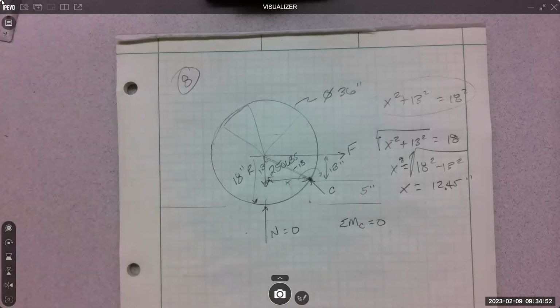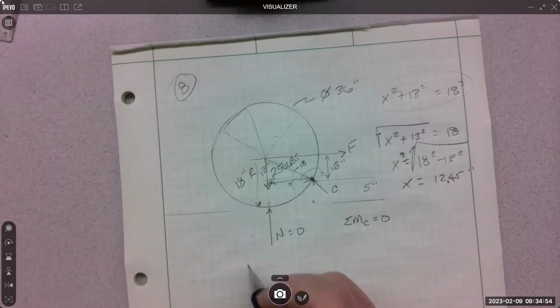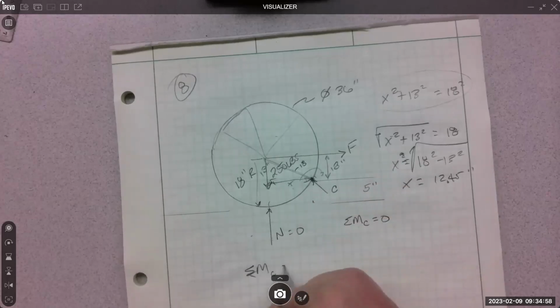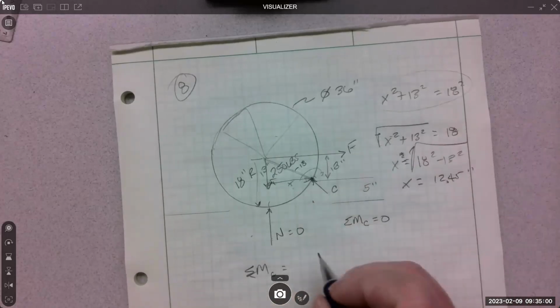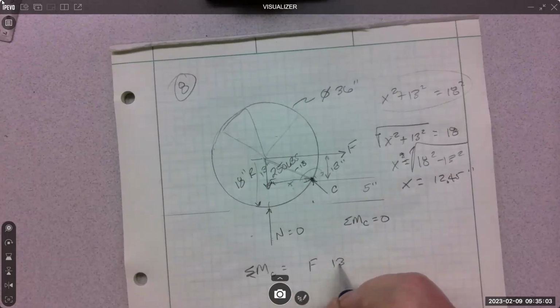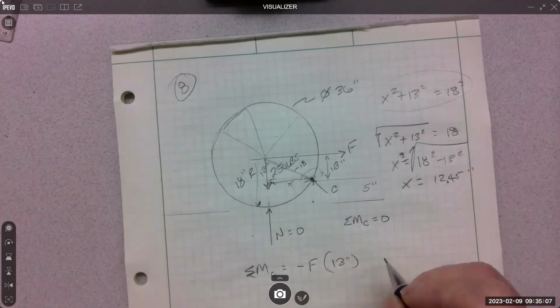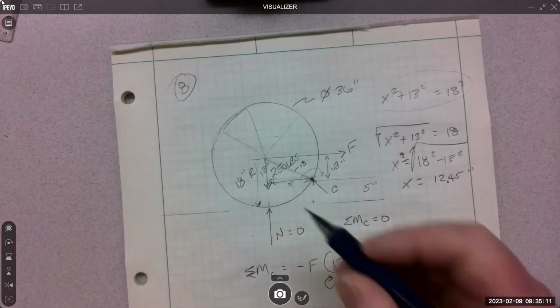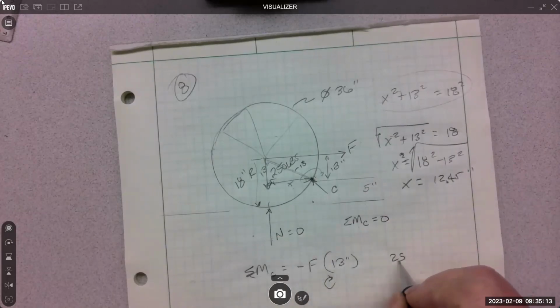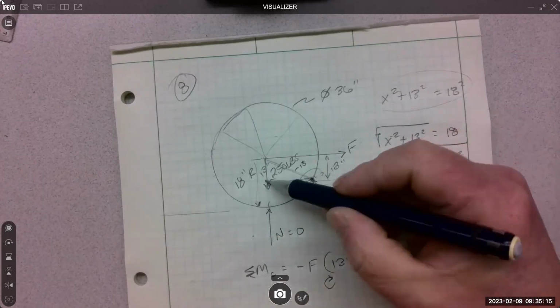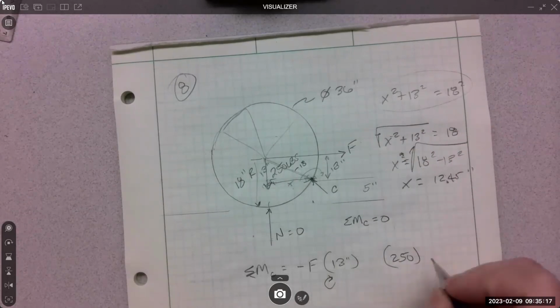All right. So now I can go and say, oh, the sum of the moments about C equals F times 13 inches, and that's going to rotate negative or clockwise. And then the weight, 250, is going to be multiplied by my X dimension, 12.45 inches.